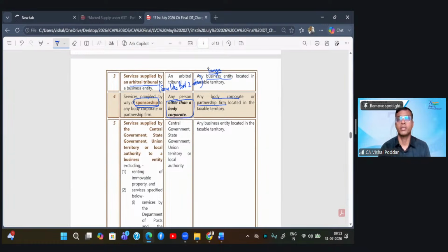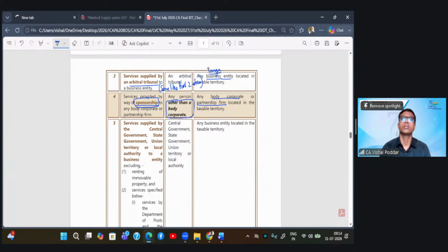Now, what is the event? Best example, IPL. Right? Earlier we used to call it DLF IPL. Nowadays we call it Tata IPL. What is this? So Tata has sponsored it. When Tata has sponsored it, the name of Tata is attached to the name of the event. So whenever IPL is used anywhere, they will call it Tata IPL, including on the trophy.